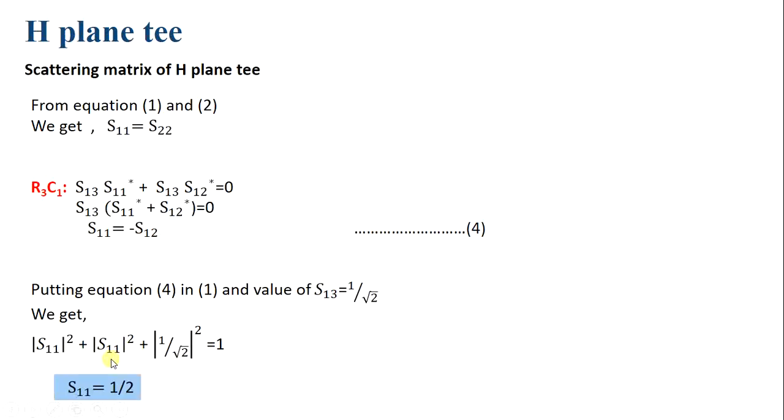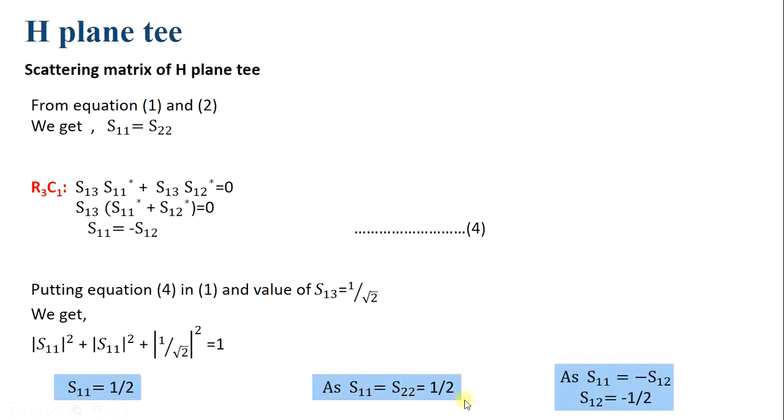From here we get S11 equals 1 by 2. As we know S11 equals S22, the value of S22 will also be 1 by 2, and since S11 equals minus S12, S12 will be minus 1 by 2. So now we have all the unknowns.